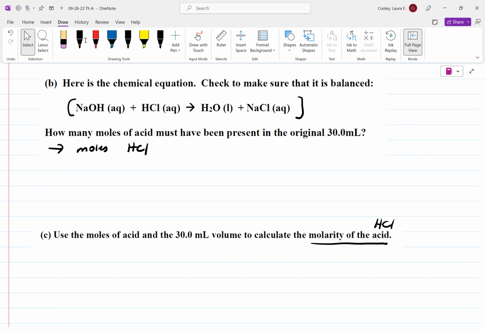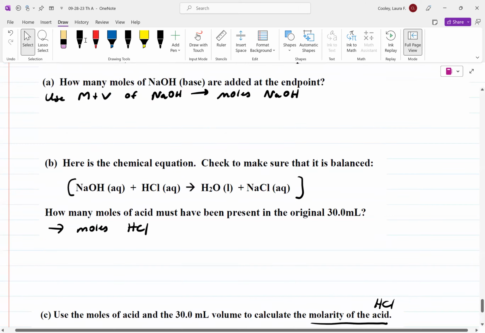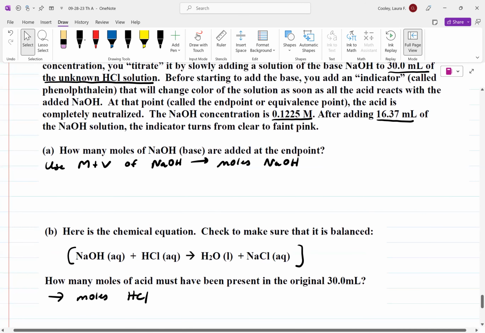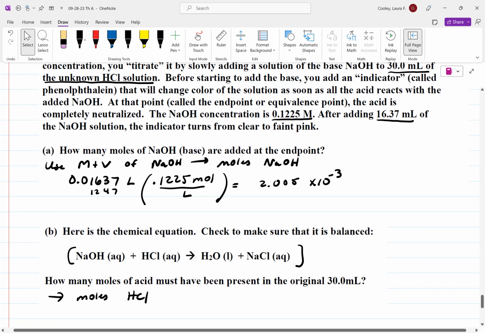There are two volumes in this problem, and that's one of the things that people get wrong. And this is a problem where you actually have 4 significant figures, so you have to keep them. So for the moles of NaOH, you have to keep the 4 sig figs and do that.